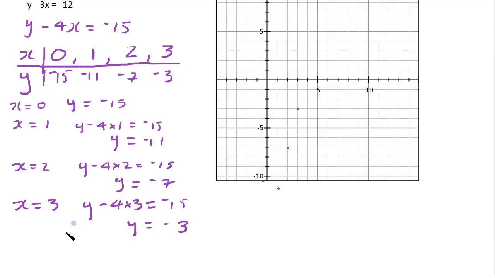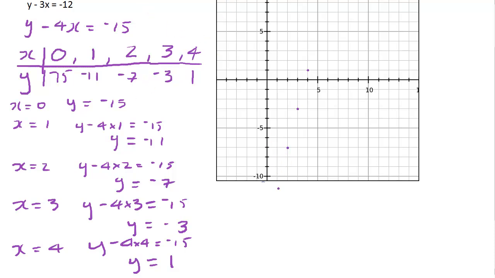Let's just work out one more point. Let's do x equals 4. So y minus 4 times 4 equals minus 15. So therefore y, that's minus 16, added the other side will give you y equals 1. So when x is 4, y equals 1. And we've got these 3 points in a line.